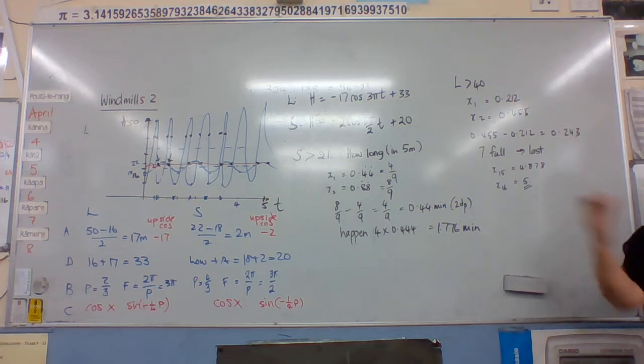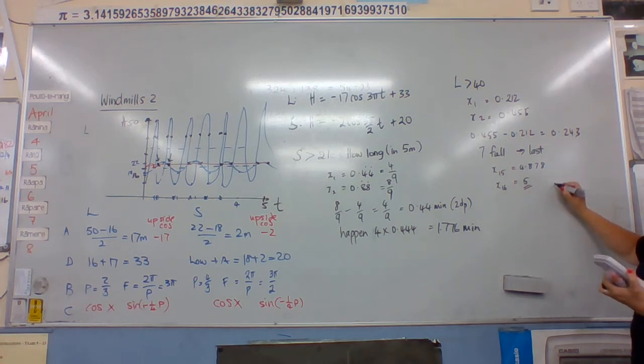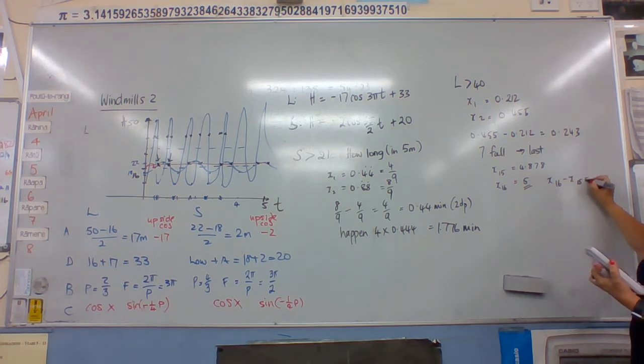All right, so there's a lot of drag down effect in this one, but you do have to set up equations and solve. So x16 minus x15 equals 0.122.